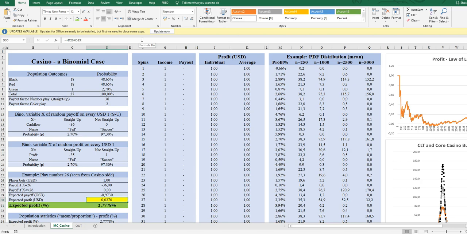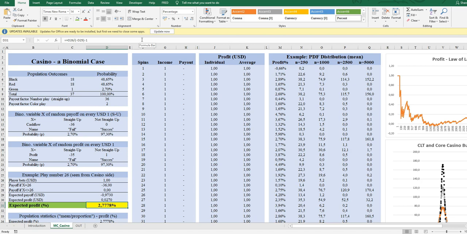And remember, this is the profit in dollars, but we need to recalculate it to get it in percentage. The way to do it is simply to remember that the casino gets $1 as income or as profit, and then they have to divide it by their investment, and their investment is the expected payoff.